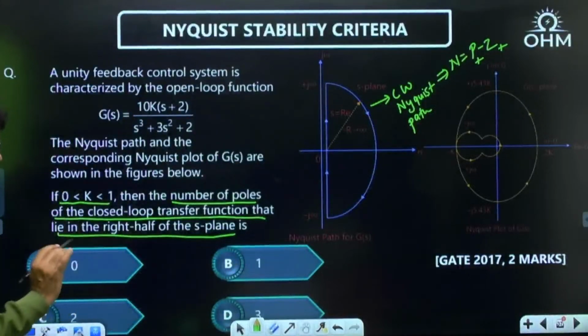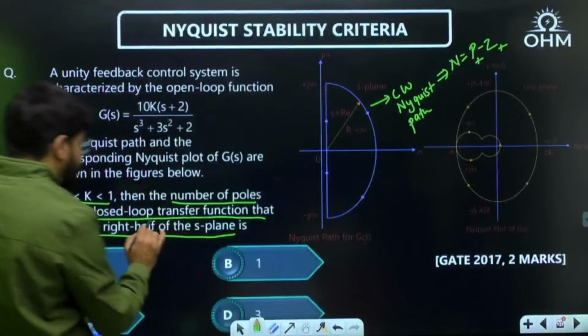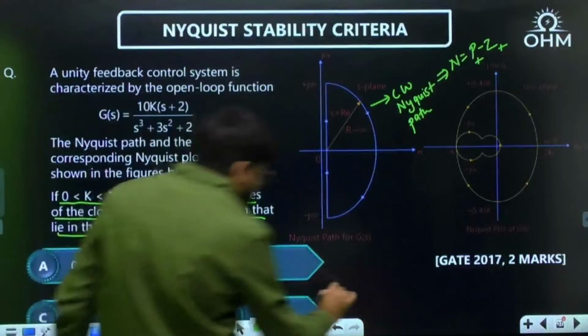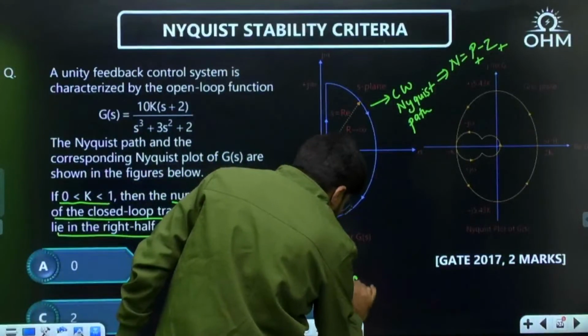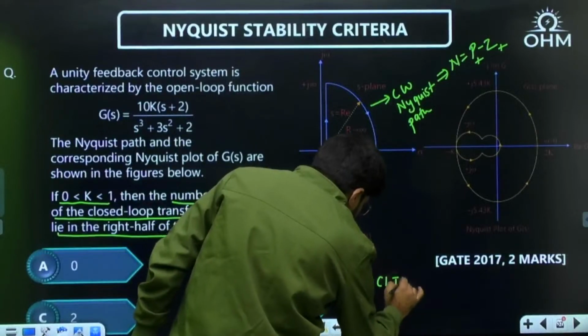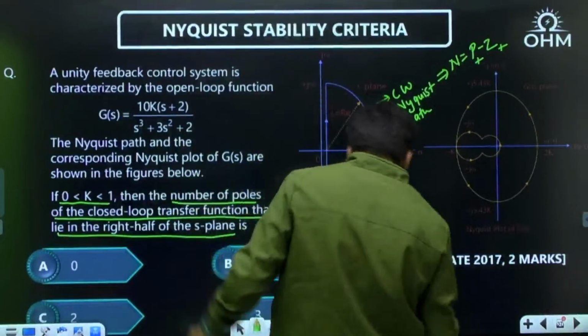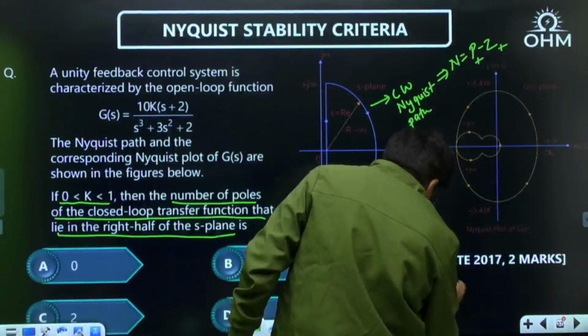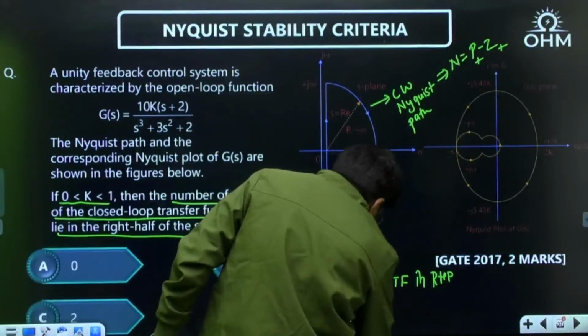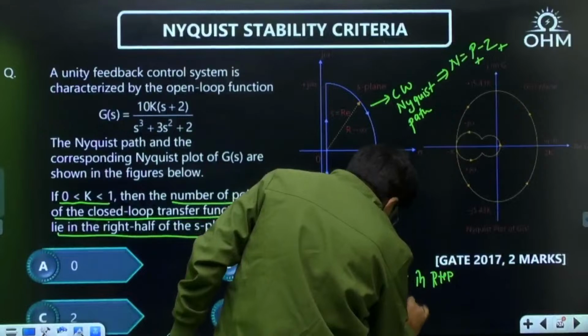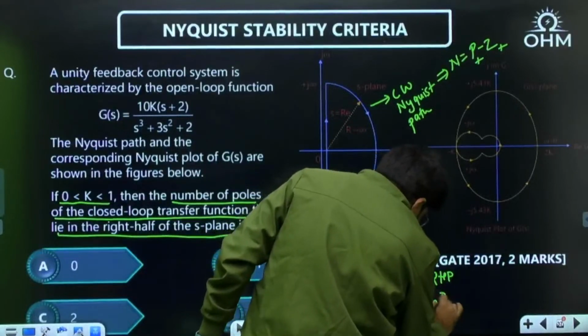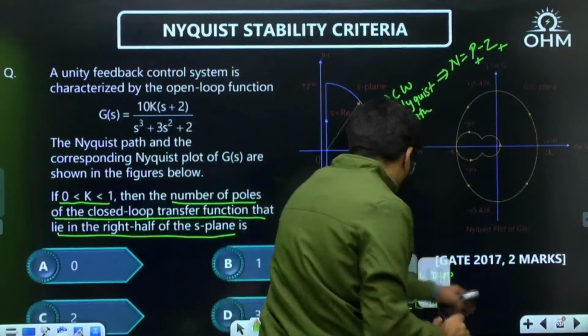So what is the question asking me? Clearly, the poles of the closed loop transfer function in RHP. What are the poles of the closed loop transfer function? They are equal to the roots of the characteristic equation in RHP. Let me write it here.